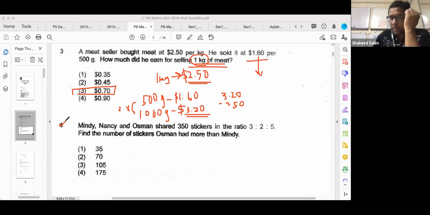You've done ratio before, right? Okay, you can write like that. But you do on your own, I'm just showing you how to write like that.